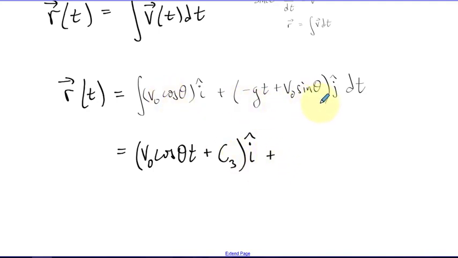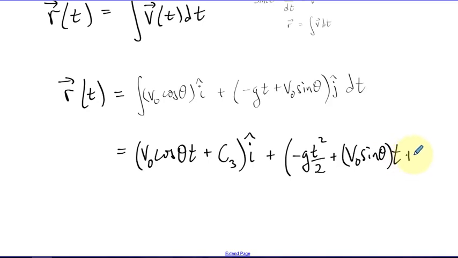Let's now move on to the j component. We'll get negative g times t squared over 2, that's the antiderivative of t, where g is just a constant, plus v0 sine theta, and technically this is all constant, times t, and then some arbitrary constant. I'm going to have to go to constant number 4 on the j component.